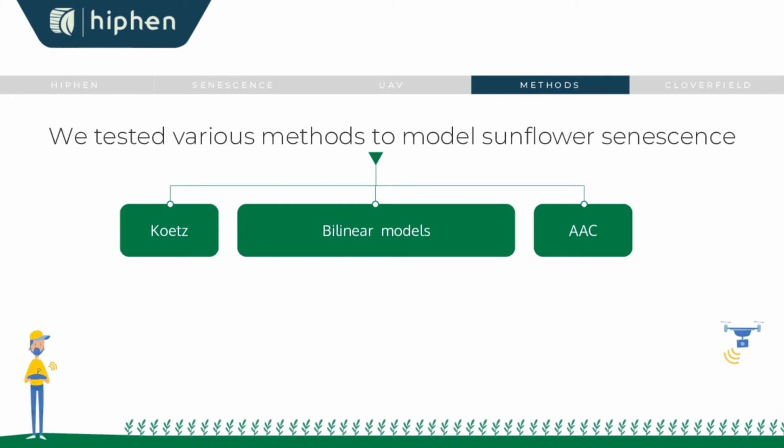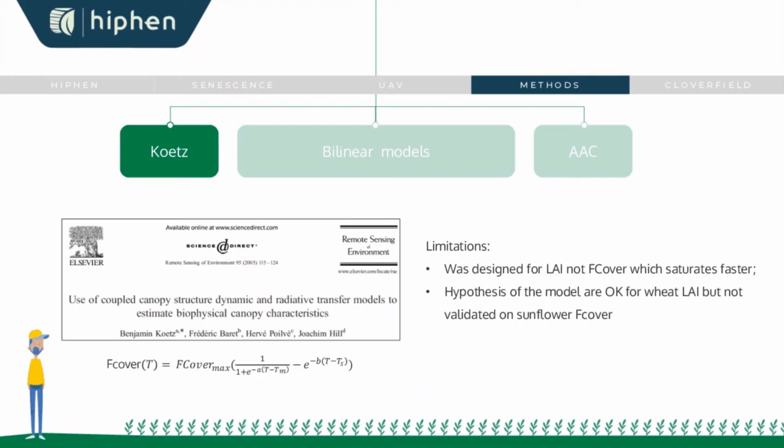The first is modelization from cuts, as we describe here. You have a paper referring to it. Basically, you have a logistic model that simulates the growth and another exponential model that simulates the decay of the leaf area index of the plants.